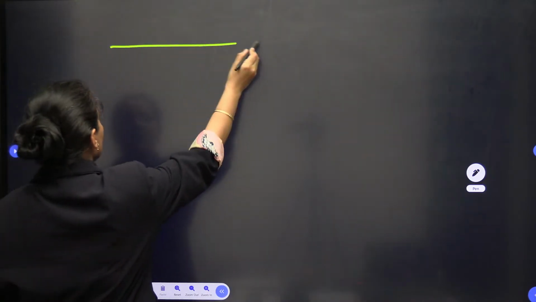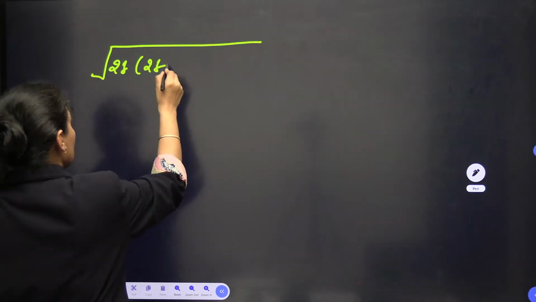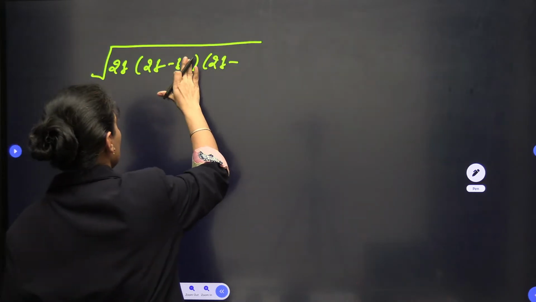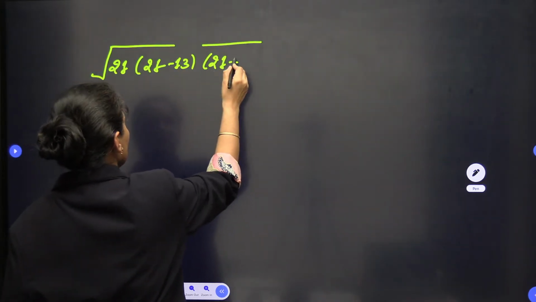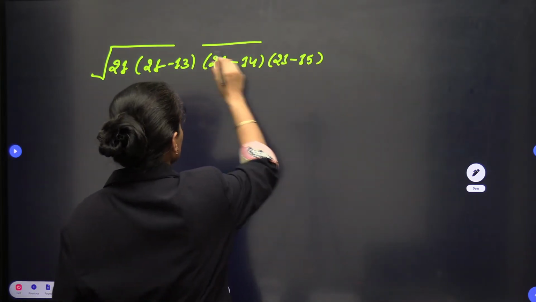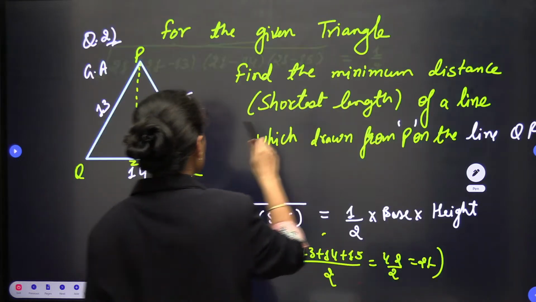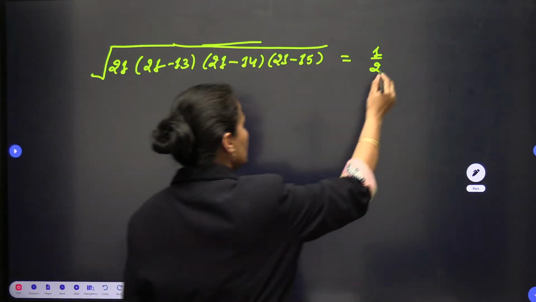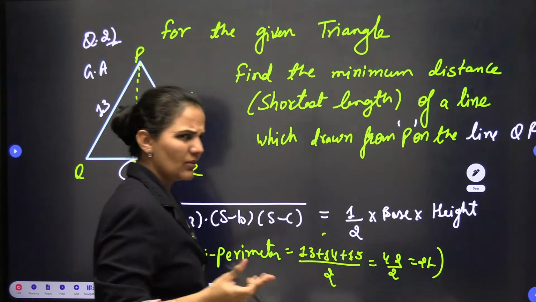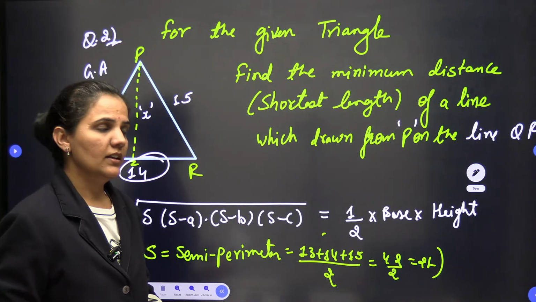We can write the result: S is 21, so 21 into 21 minus 13, then 21 minus 14, then 21 minus 15, and that equals 1 by 2 base. Base is this one, 14, into height, which we can assume as X. If it is possible you can write A, but I am not taking A because A will give you confusion.